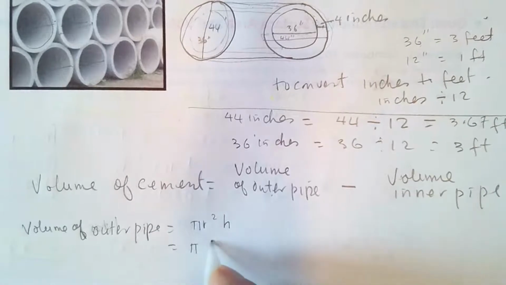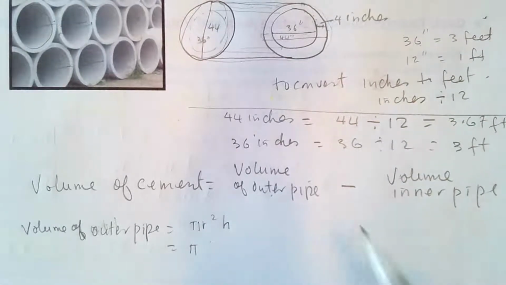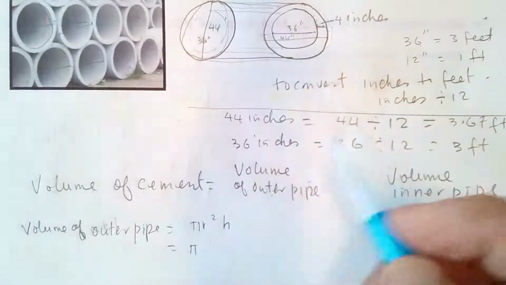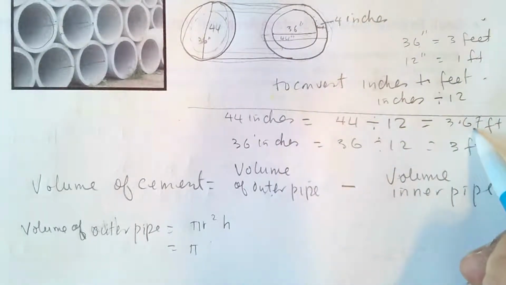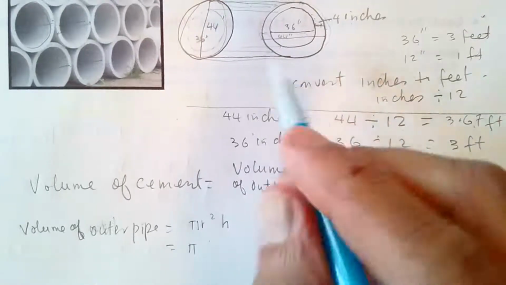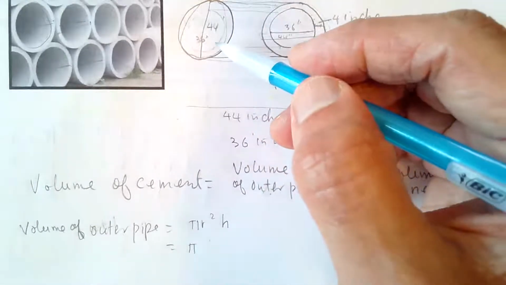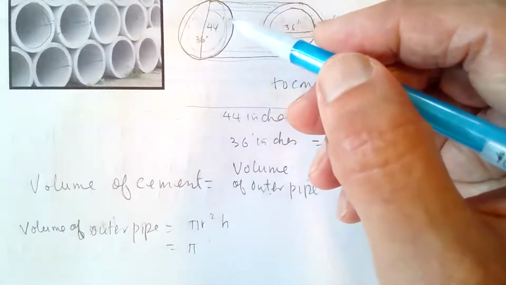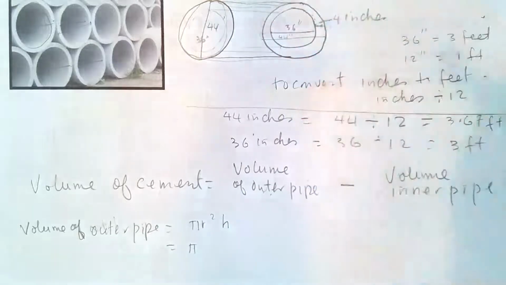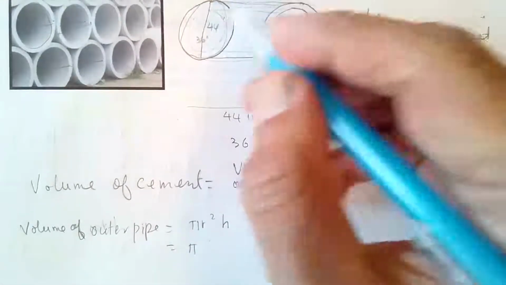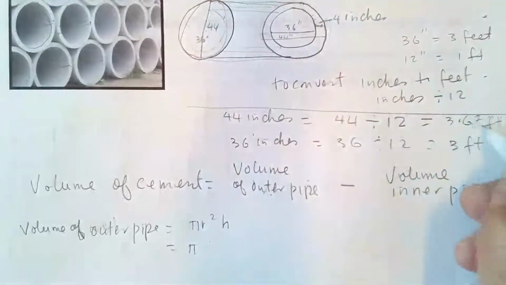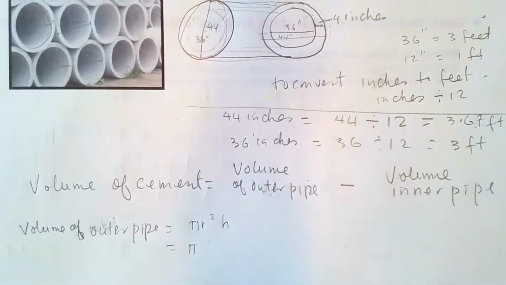Which is pi, and we know the radius. Now, the radius for the outer pipe will be half of the length, so here we have 3.67 because initially we said it's 36. So the radius is going to be half of this. So what would that be?